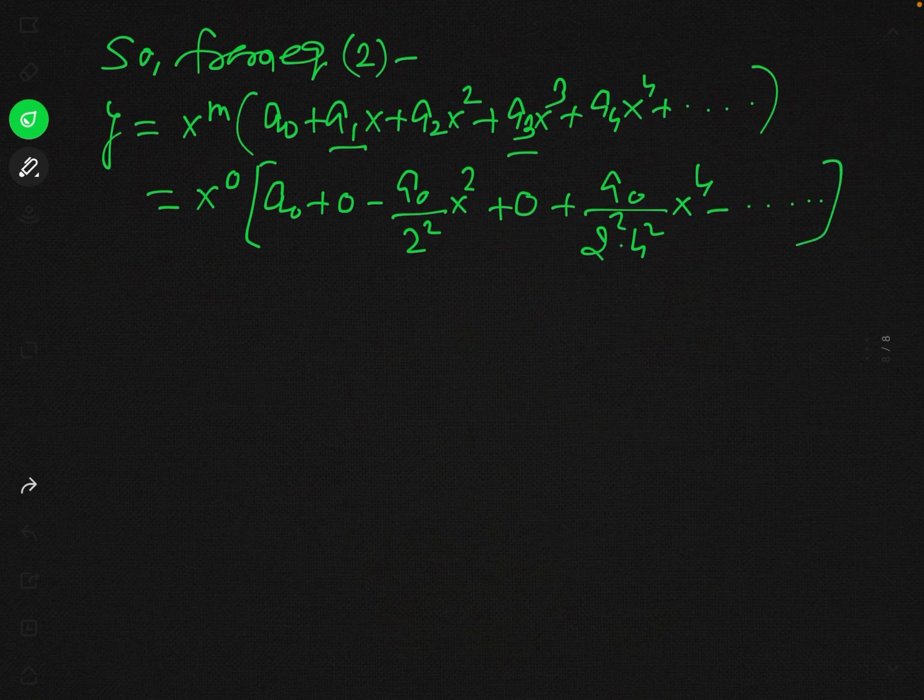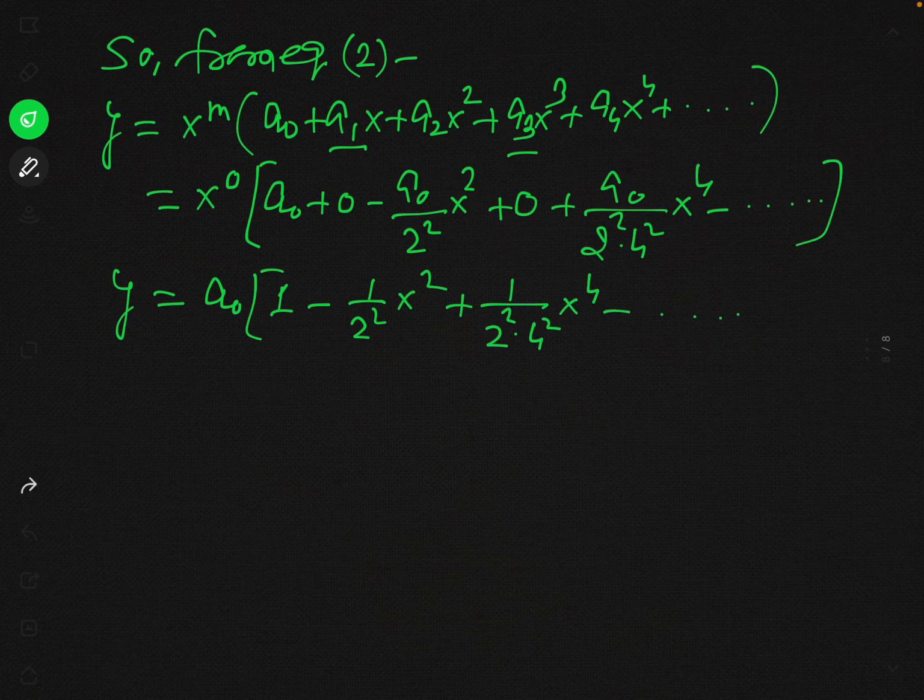So you can see this x to the power 0 will be 1, and all the terms inside this square bracket contain a naught, so you can take this a naught as a common factor, and your result will be 1 minus 1 over 2 square into x square plus 1 over 2 square into 4 square into x to the power 4, and minus so on.